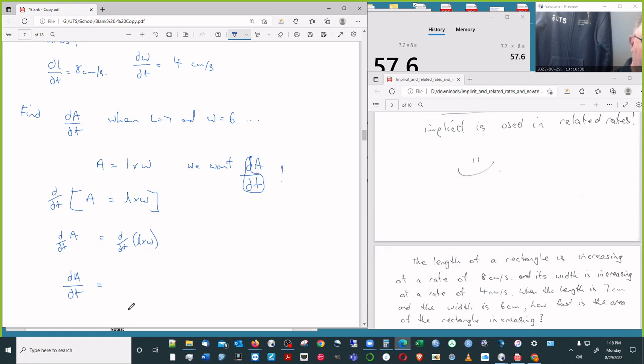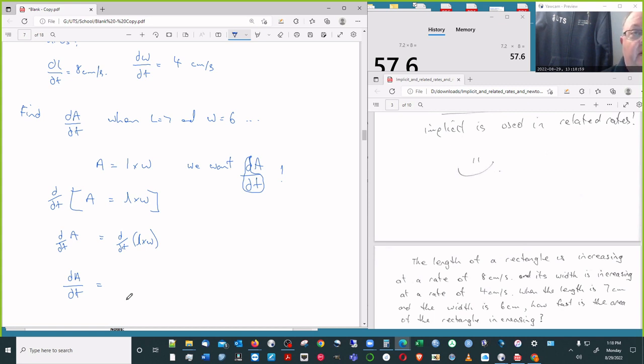Now d/dt with respect to t, where L and W are not anything to do with anything. So we have to treat them, we're going to differentiate them both. What's the problem with differentiating them both with respect to t? What are we differentiating? We're differentiating A. Is it a sum?